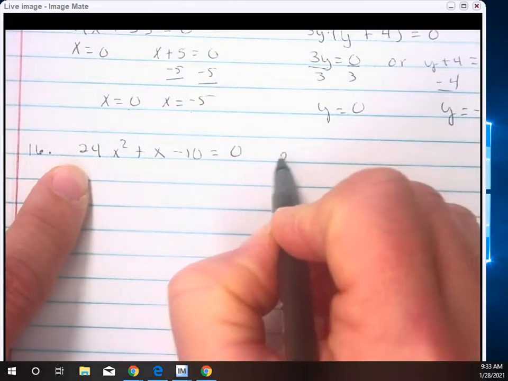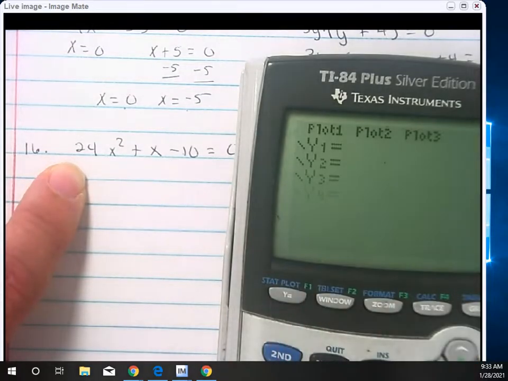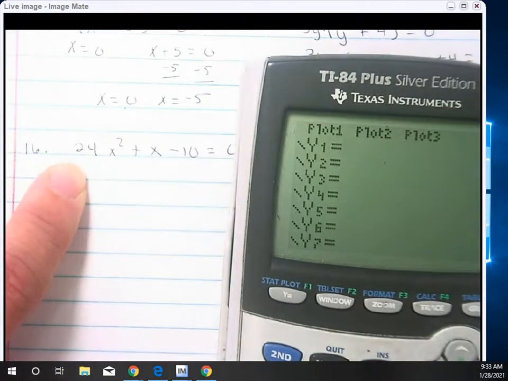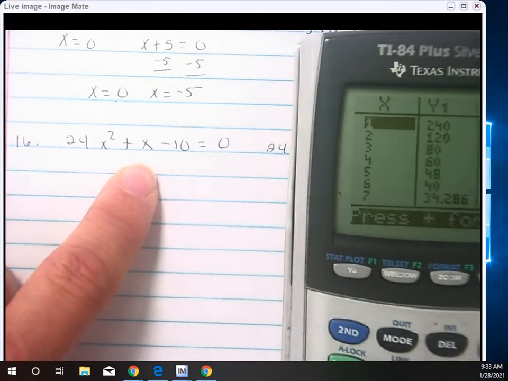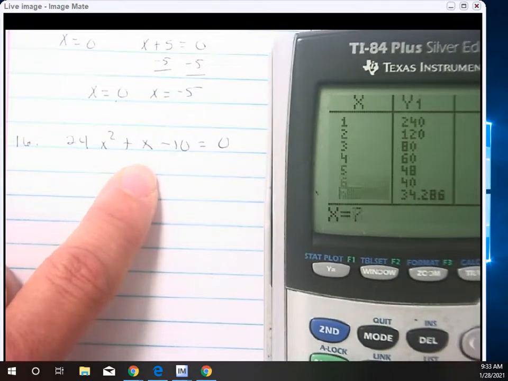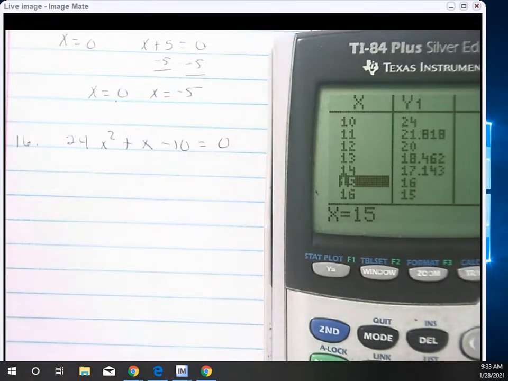So that's 240. Now remember, on the calculator, we can push y equals, and we can do 240 divided by x, and then go to our table, and we're looking for factors that subtract to give you a 1. Well, if they subtract to give you a 1, those numbers need to be close together. So 15 and 16, there we go, 15 and 16.